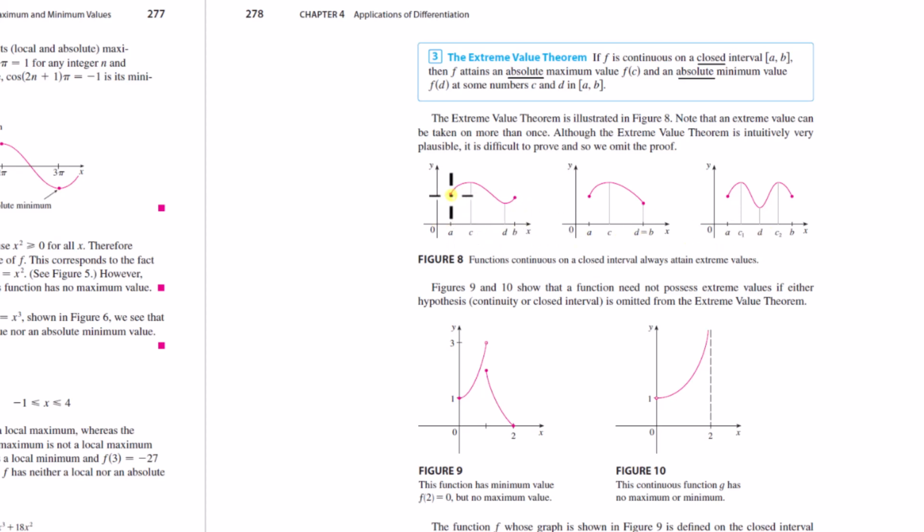And these, in between the endpoints, all of these have a local max and min. You can see it's these peak points. That's what a local max is. If it's going to be a local max or min, it's going to have to be a peak point, like this. You see how it kind of peaks like that. A peak or valley.